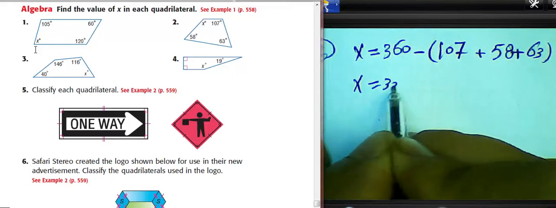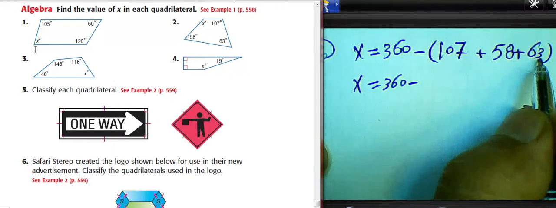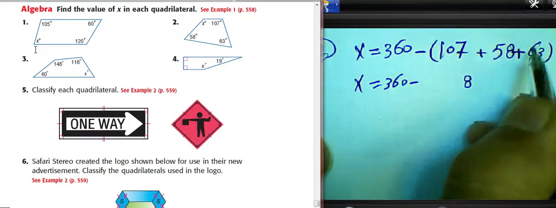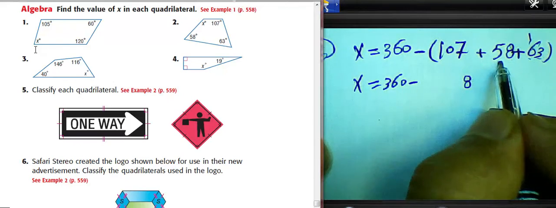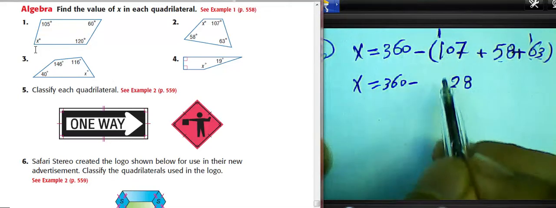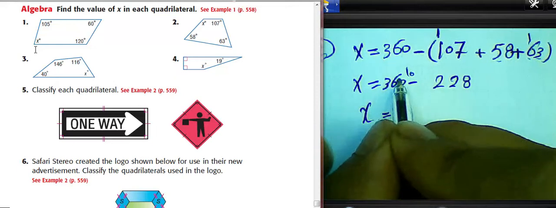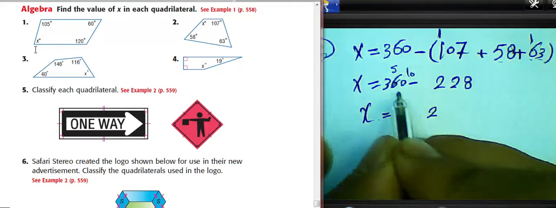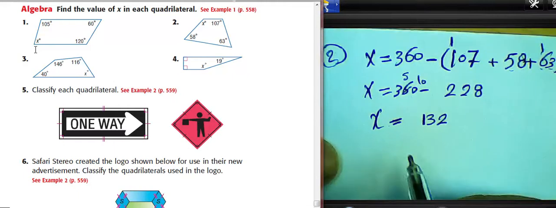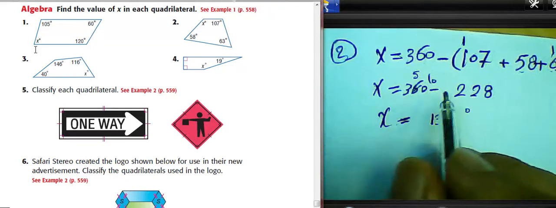X equals 360 subtract: 3 plus 8 plus 7 equals 18. 8 and carry 1, 6 plus 1 is 7, 7 plus 5 equals 12, 12 plus 0 equals 12, 2 and carry 1, 1 plus 1 equals 2. So x will be 0 minus 8, we can't do it, we must borrow 1, 10 minus 8 equals 2, 5 minus 2 equals 3, 3 minus 2 equals 1. Then x will be 132 degrees. This is the measure of x for question number 2.